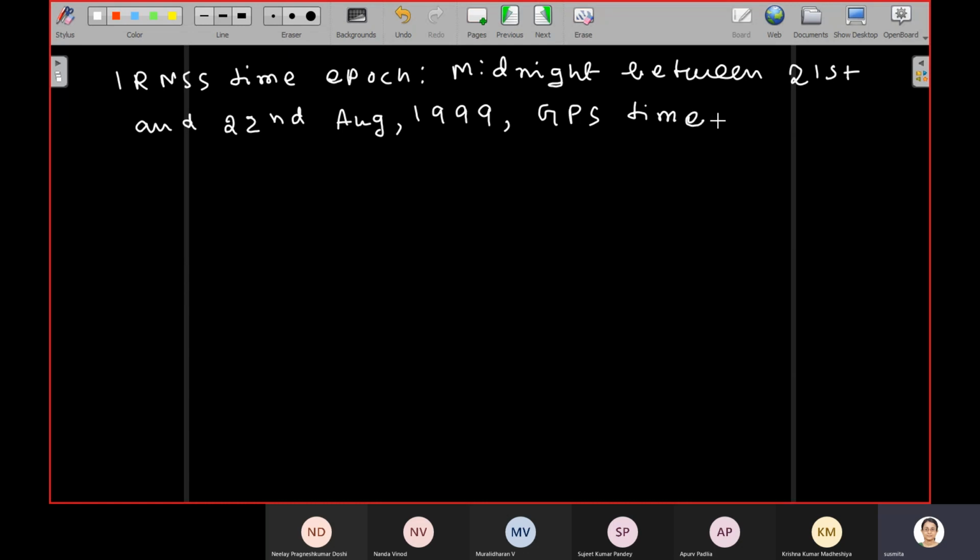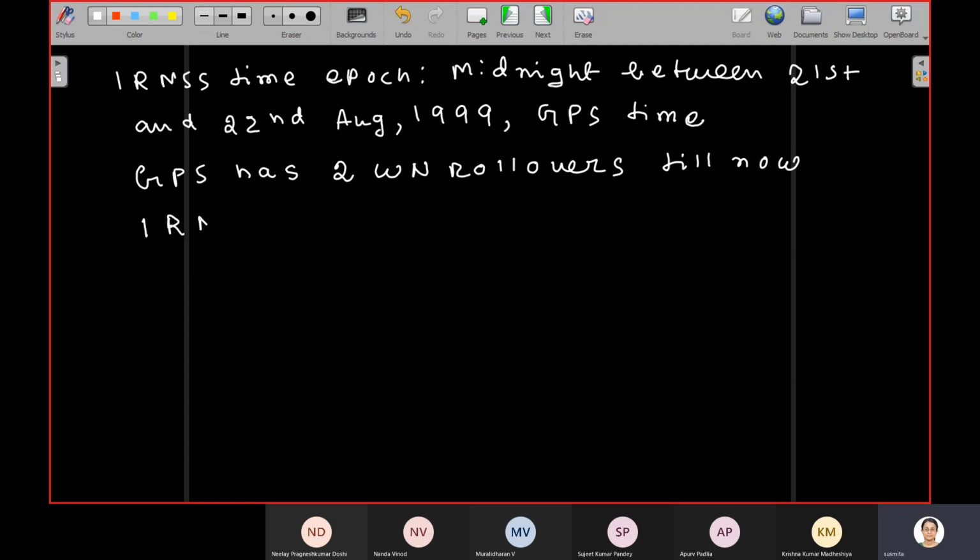So at this time IRNSS time started. IRNSS has gone through one rollover since then. GPS has undergone two week number rollovers, and IRNSS has one rollover.